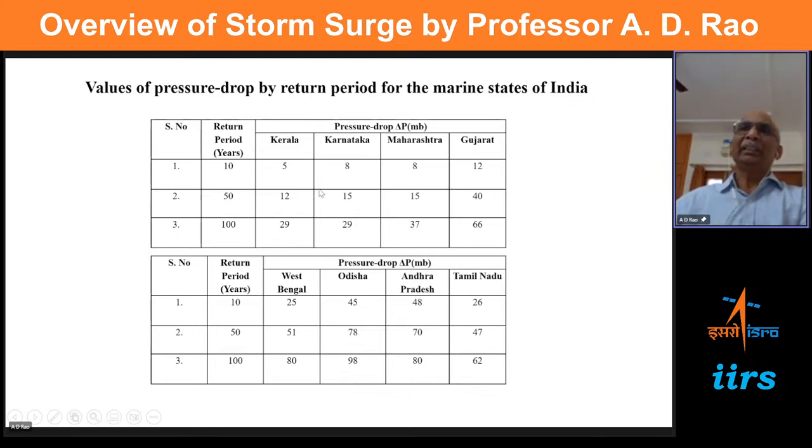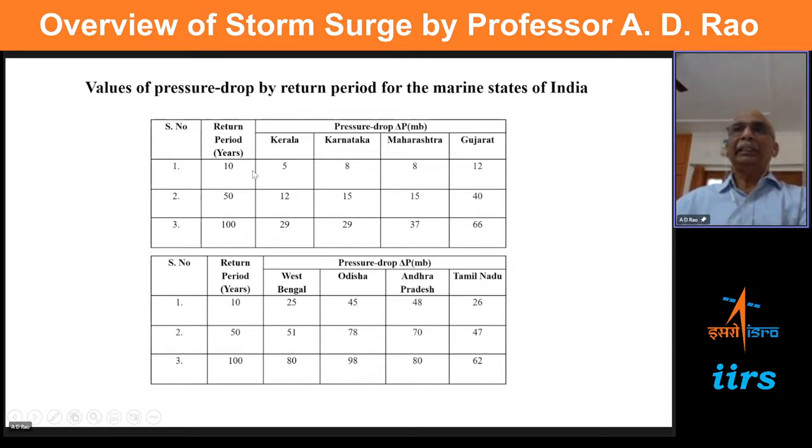You can see that for 10 years, 50 years, and 100 years, Gujarat and Maharashtra have larger pressure drops compared to Kerala and Karnataka. And comparing Maharashtra and Gujarat, Gujarat is the most vulnerable, having more cyclones with a larger intensity.